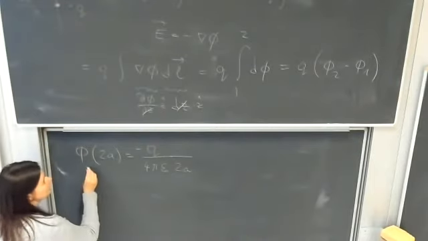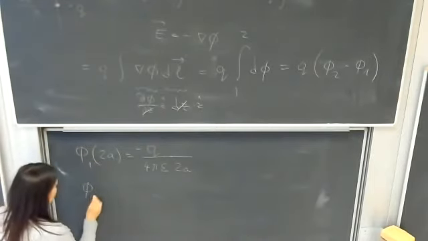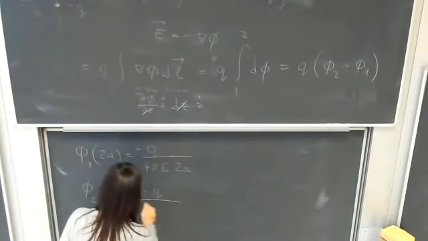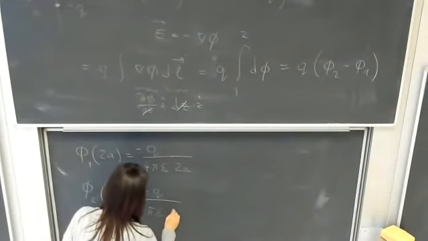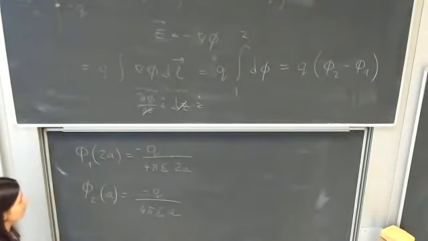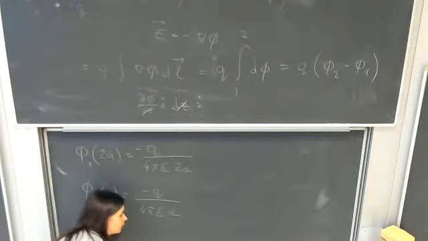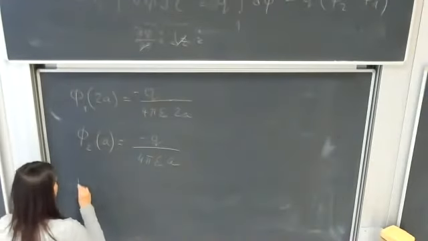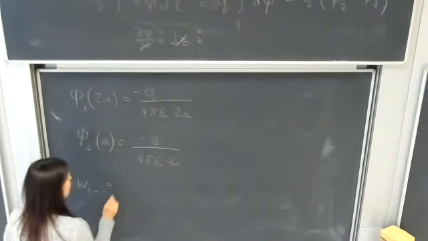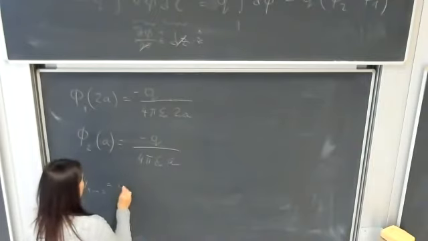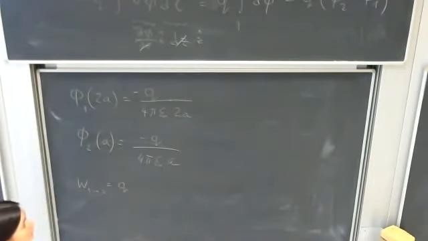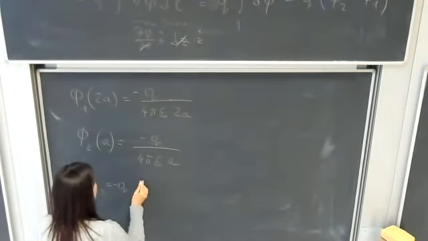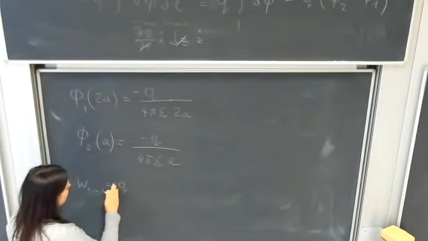And potential 1 and potential 2. And now we can find the work. Work is a Q, which in our case is a minus Q, times minus minus.